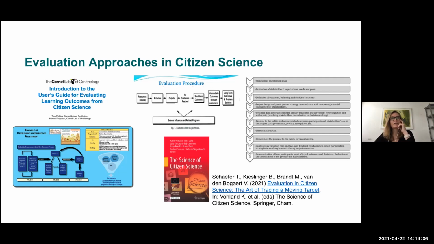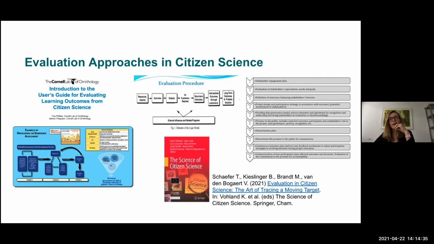Another aspect that is very much covered already in citizen science is looking at learning outputs. Quite a lot of people already applied a framework provided by American colleagues on how to evaluate specifically the learning outcomes of citizen science. What do people learn when they participate in citizen science?